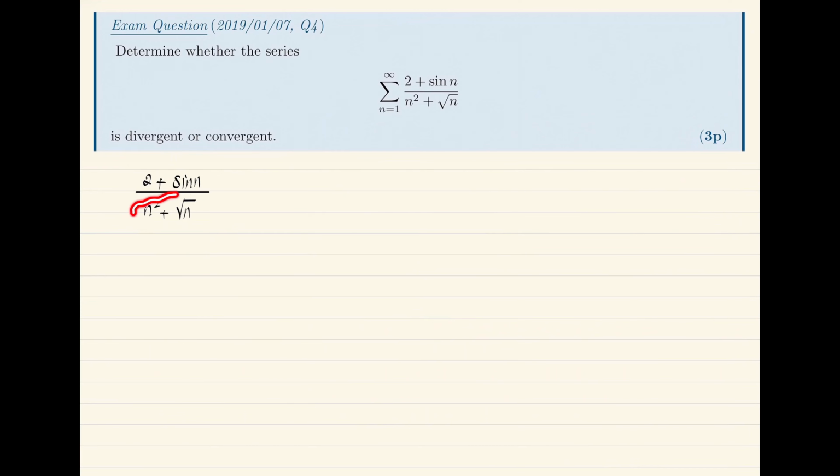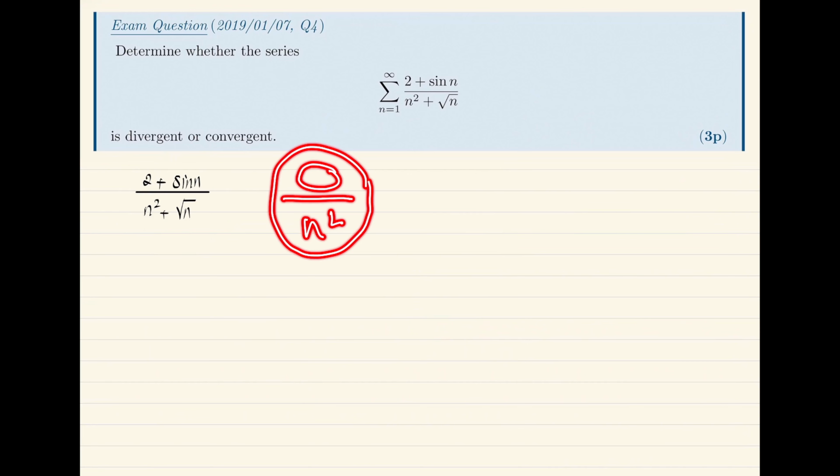And if I ask you what is the dominant term in the denominator, n squared has a bigger exponent, so this dominates. So this will be a constant which oscillates in the numerator and n squared in the denominator. Roughly speaking, it is comparable with a p-series in which p is 2, greater than 1, and it is convergent. So we get the feeling that this series should also be convergent.